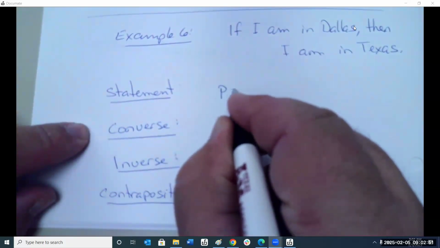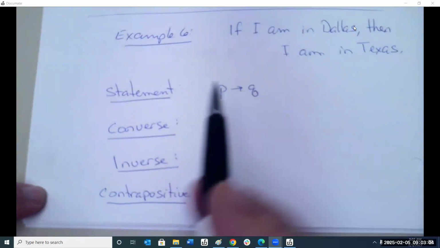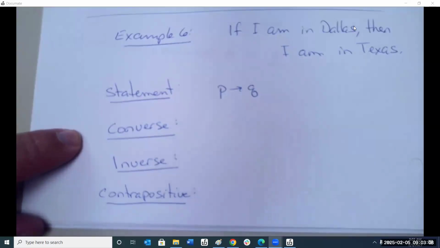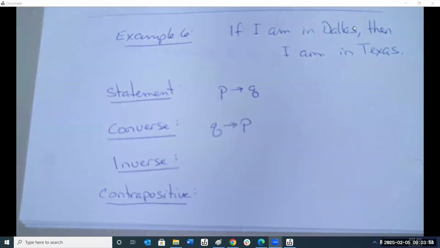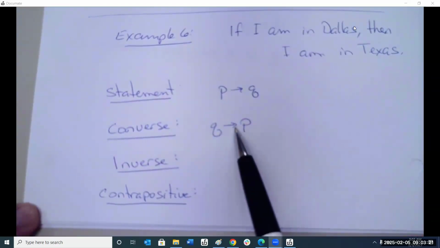So if P then Q. Very good. Because it's an if-then, we use the implies. So what's the converse of this statement? If Q, then P. Which in other words is what? If I'm in Texas, then I'm in Dallas.